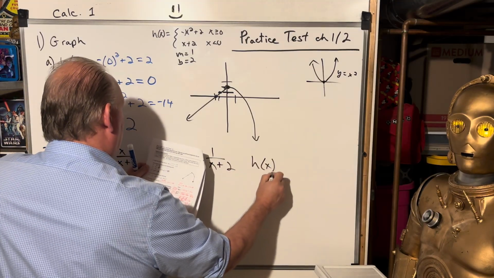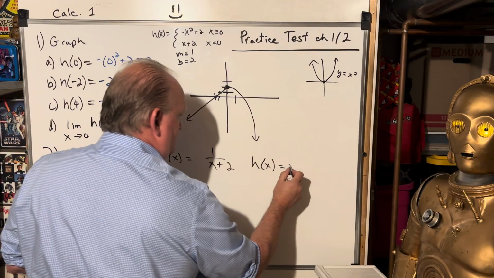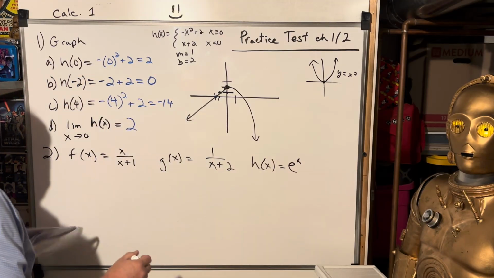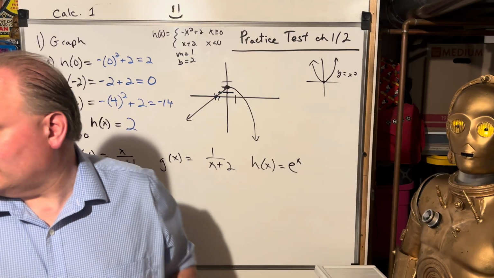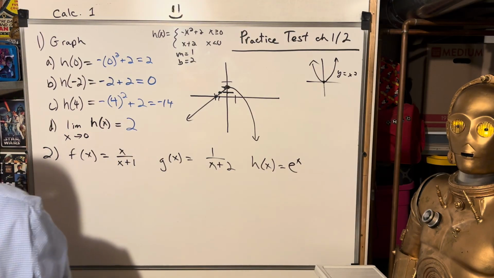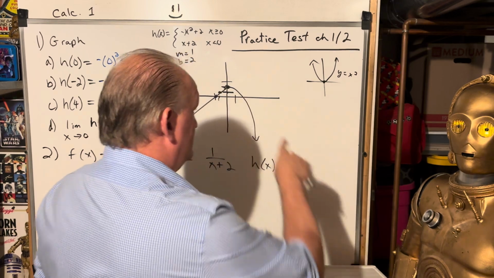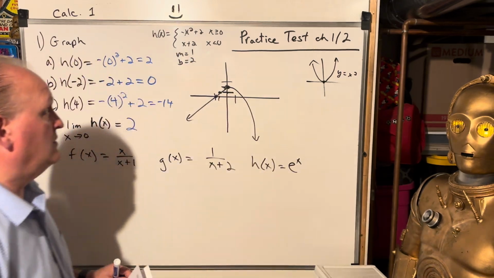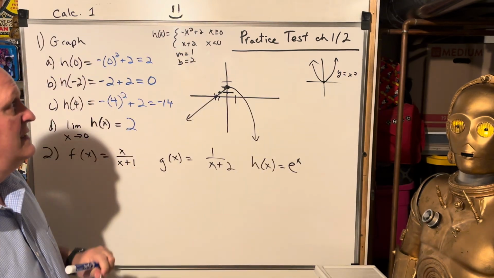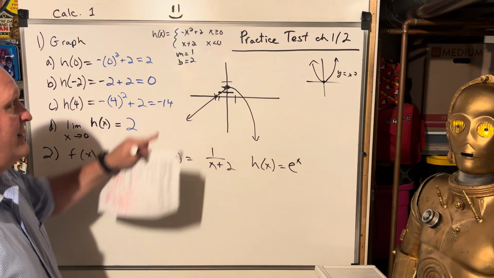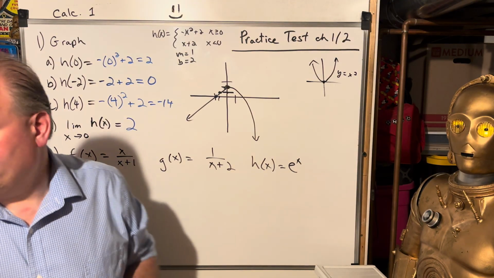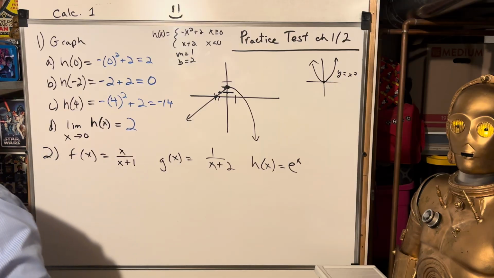And h of x is equal to e to the x. And again, remember on the test, you can just use a scientific calculator, not a graphing calculator. So just scientific. You should know basic graphs, how to sketch a graph of a parabola and how to sketch a graph of a linear equation.